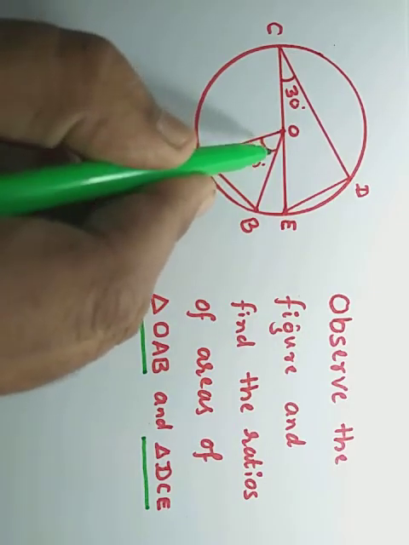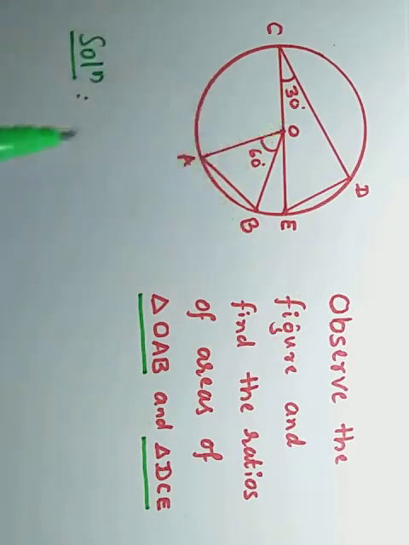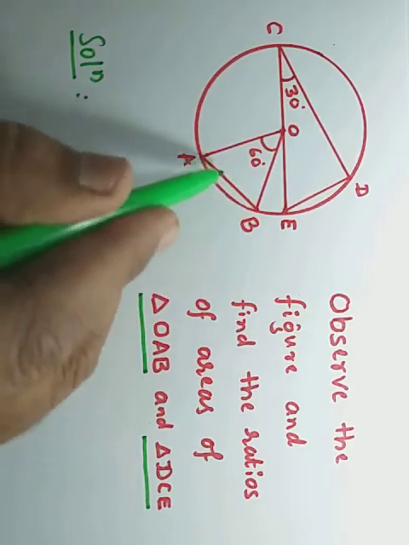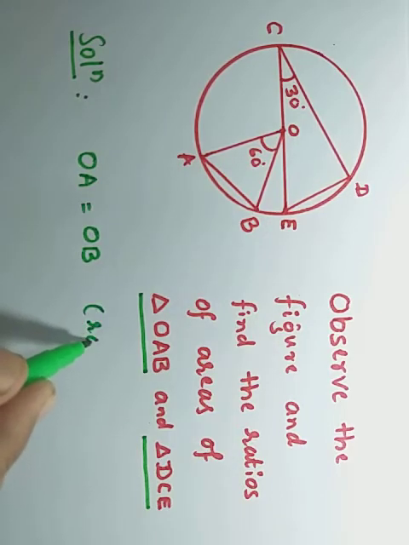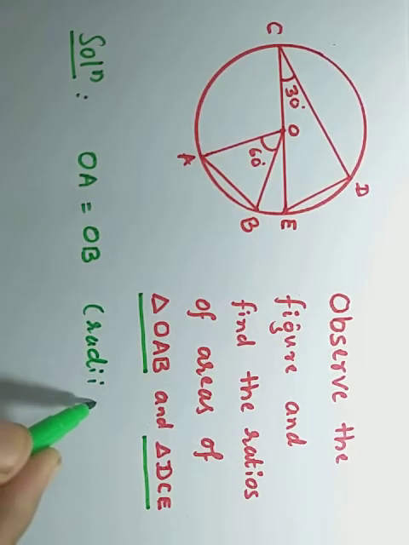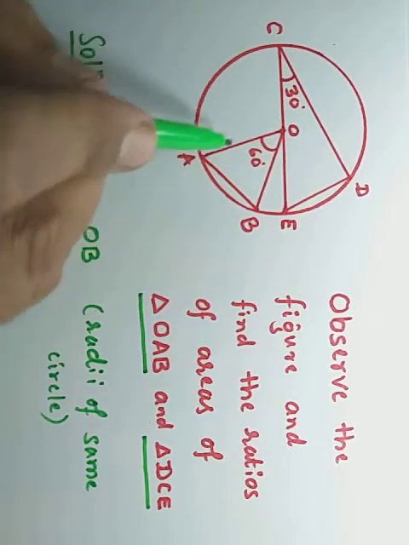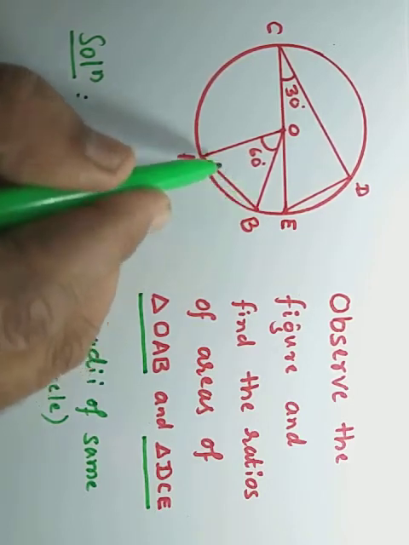Since the angle here is 60 degrees, and OA and OB are equal because they are radii of the same circle, OA is equal to OB. Therefore, both of these two angles are equal.